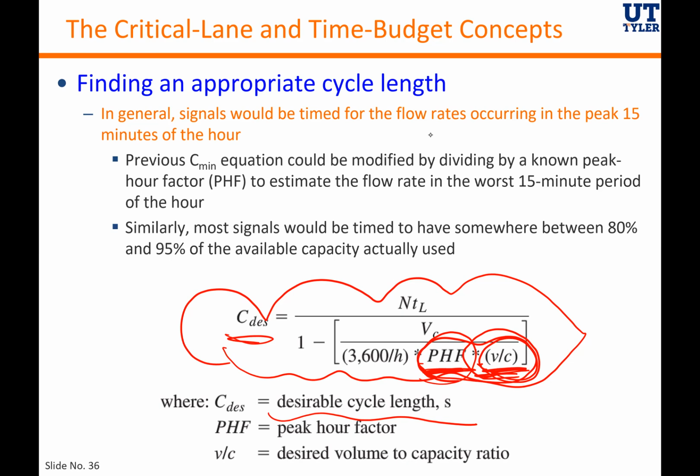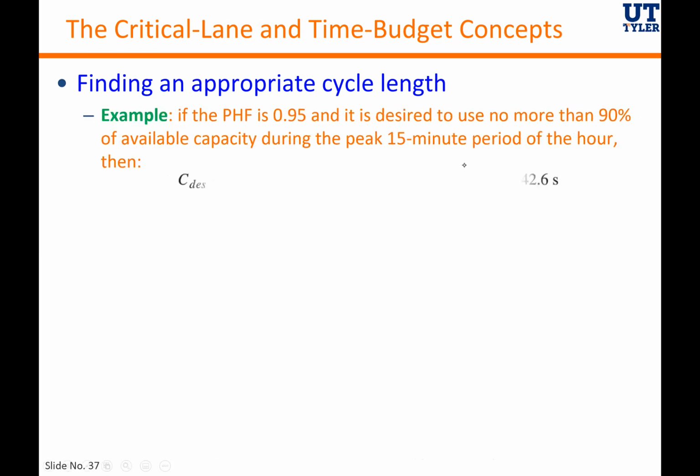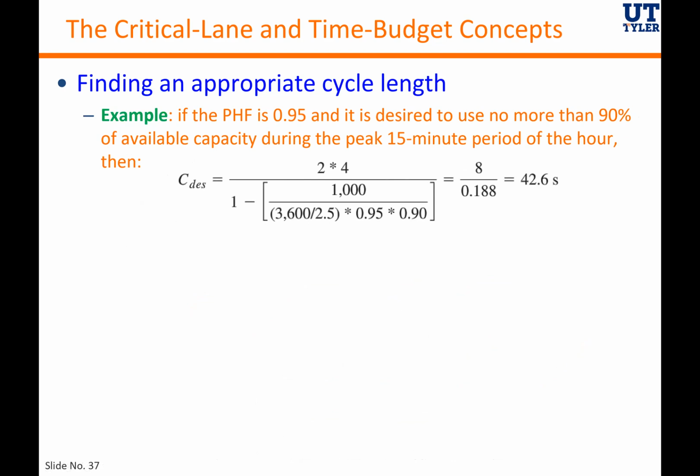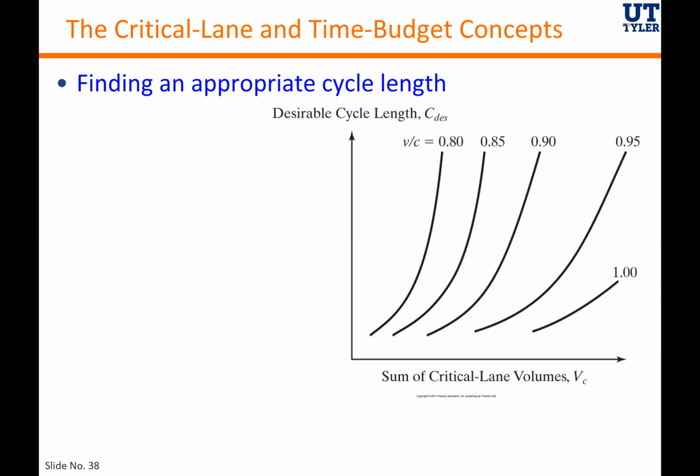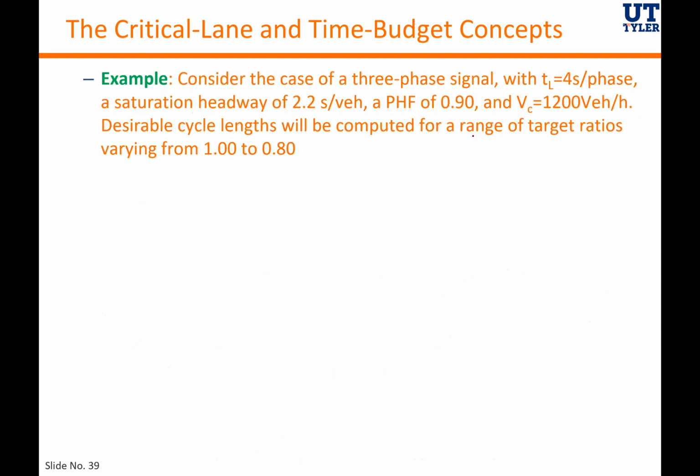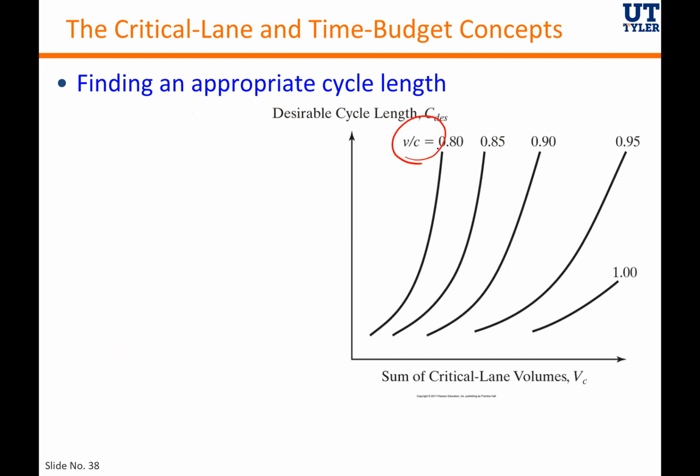All right. Let's keep going here. So we had an example here for the desirable cycle length, and then here also we have the V over C. If I have a V over C of 80% versus 100%, your goal is to have a V over C as low as possible.